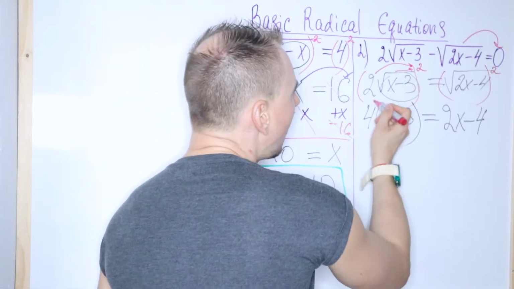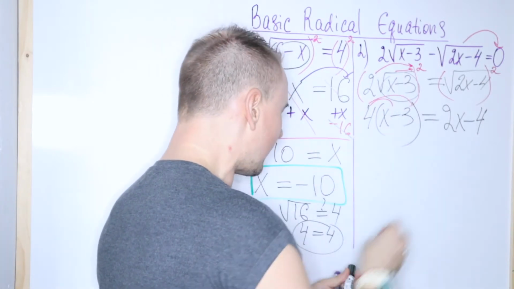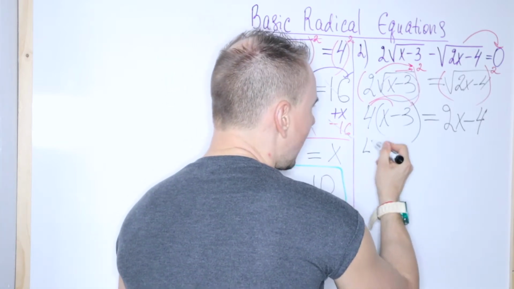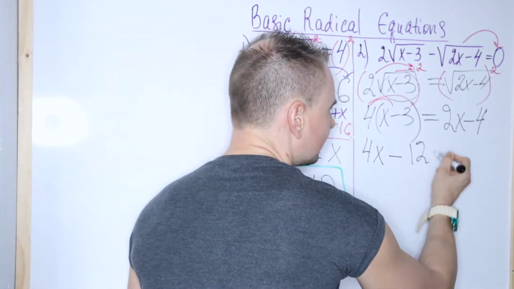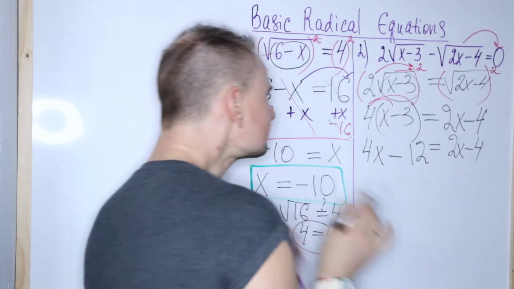Alright, so open up the parentheses by taking this 4 and distributing it over these terms inside. You would be left getting just 4x, 4 times x, minus 4 times 3, 12, equals, bring down 2x minus 4.